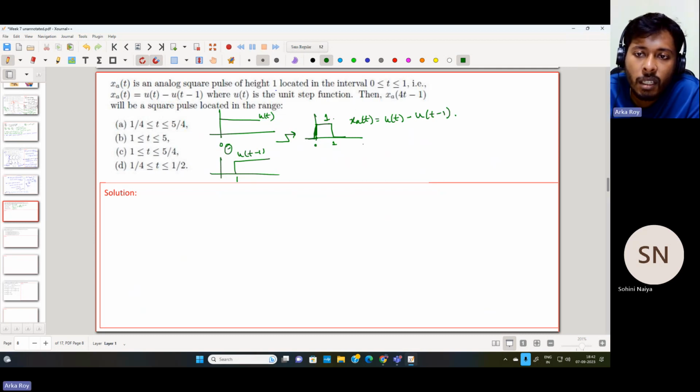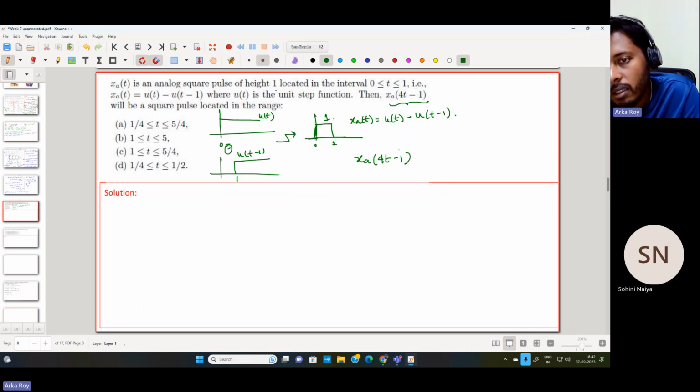Okay. Now we need to find the range of this particular signal, the range of the time. So for that, x a of 4t minus 1. We can see that several composite operations have been applied. In the first lecture, I had told that if in any signal composite operations have been applied, in order to draw that particular signal, we have to check the signal from the right side and go towards the left, from right to left.